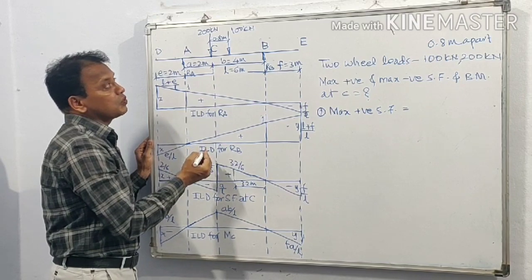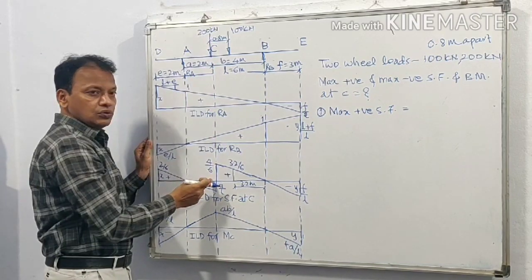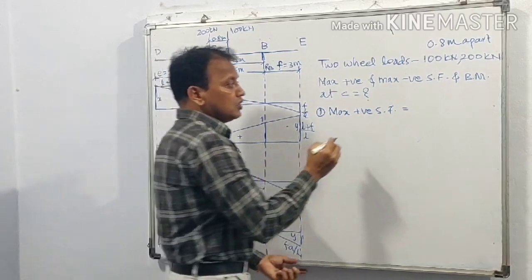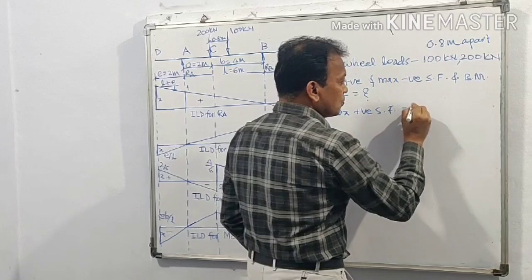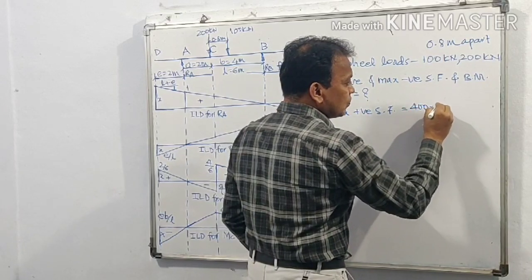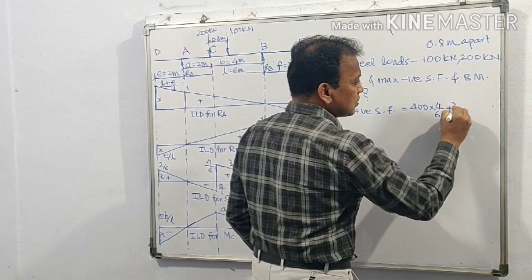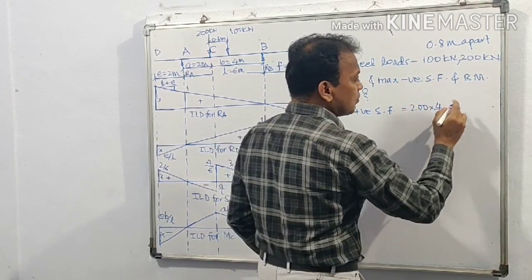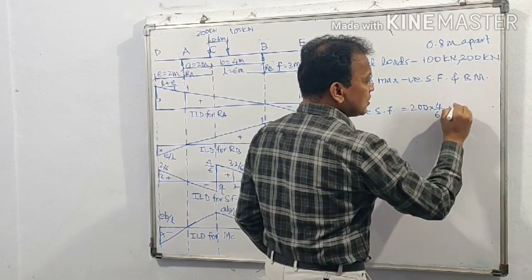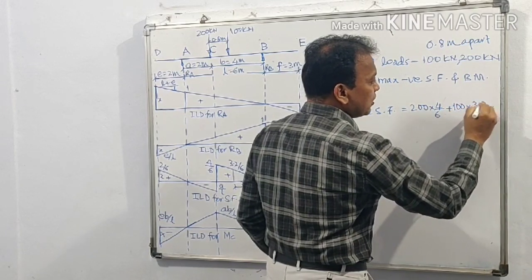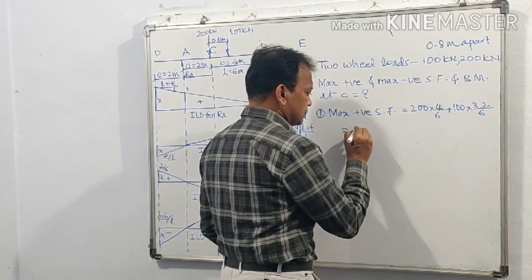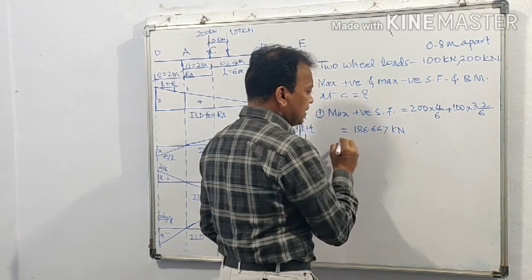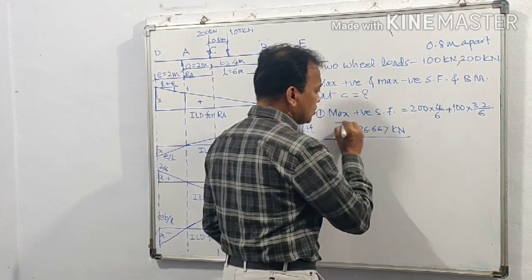The maximum positive shear force is equal to 200 into 4 upon 6 plus 100 into 3.2 upon 6, which is equal to 186.667 kilonewton.